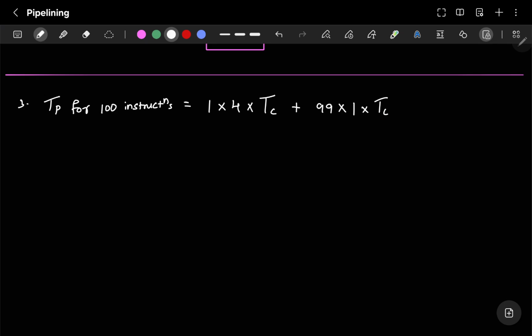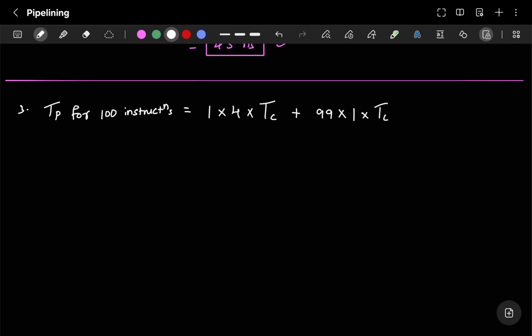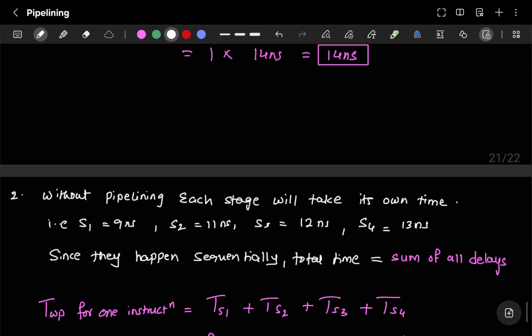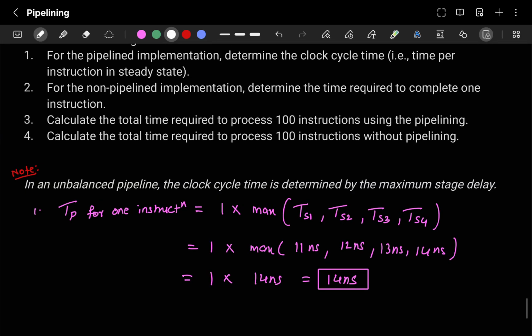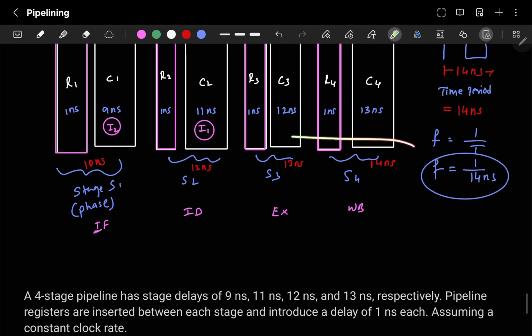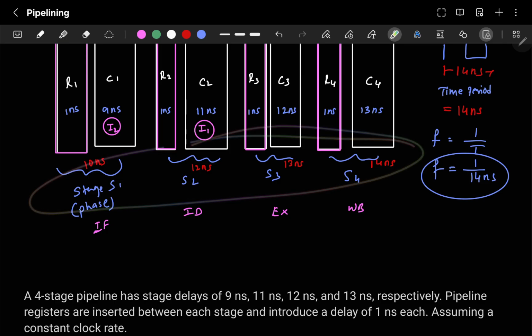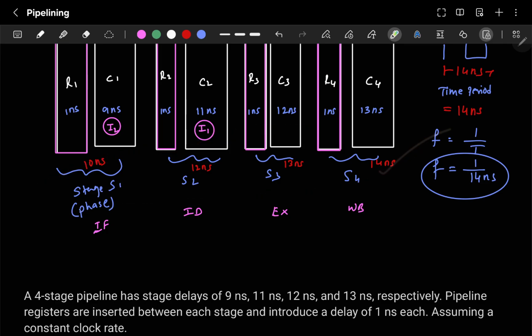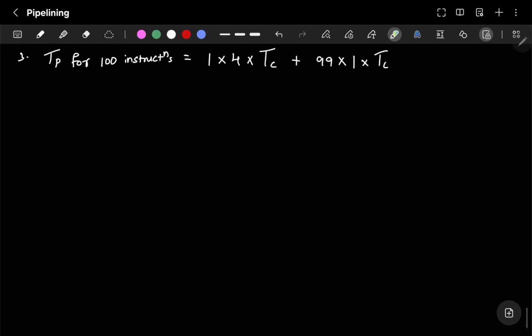Now your question is what this TC is. We have already seen that if there is unbalanced pipelining, or uneven delays, then clock time is the maximum stage delay. So among these delays, I will take the maximum one, and that would be my TC here.